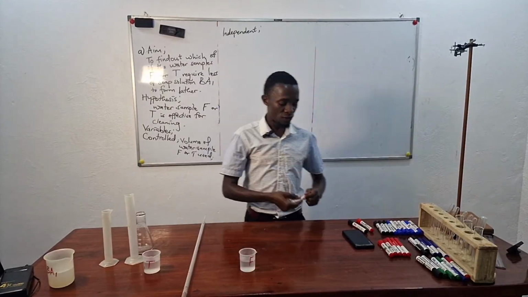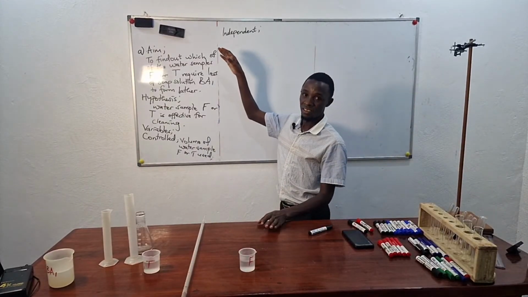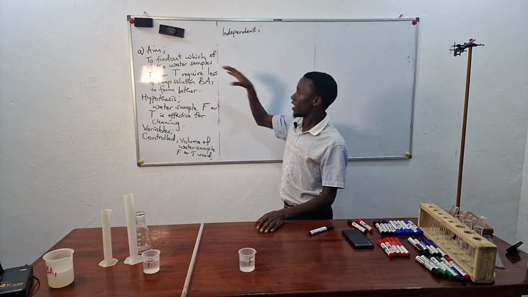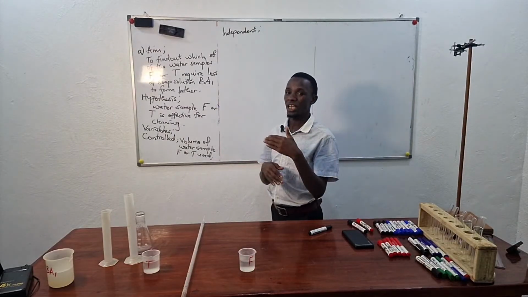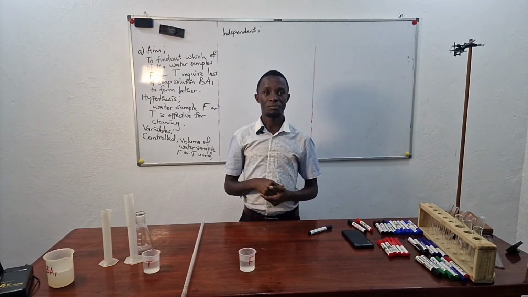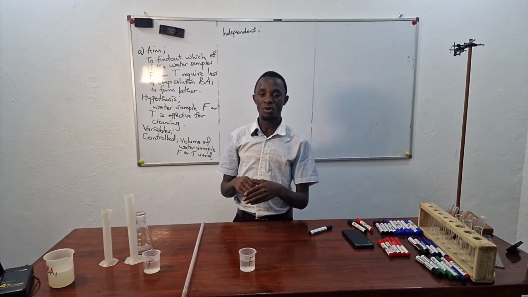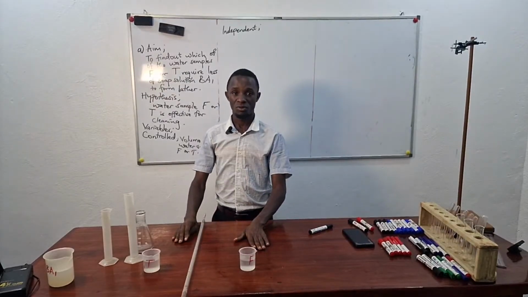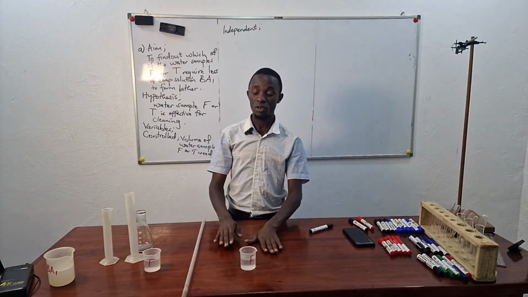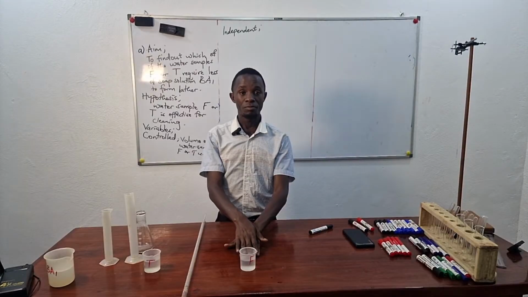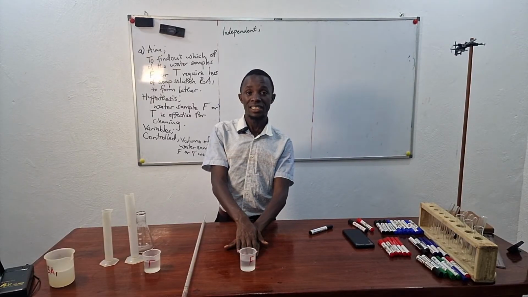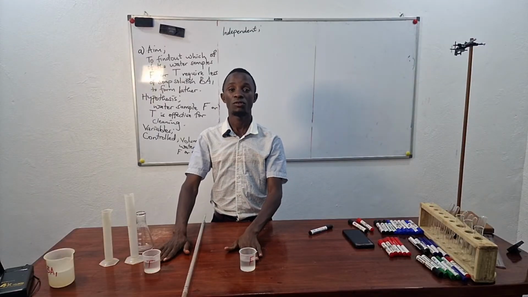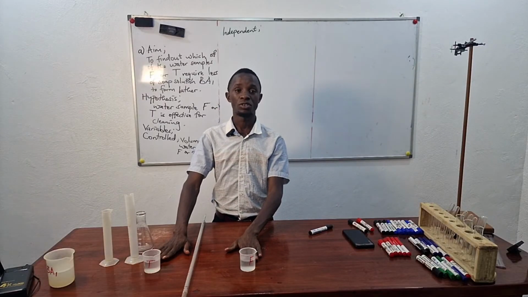Members, for these kinds of investigations where we are comparing two water samples, our independent variable will always be the type of water sample used, or alternatively the amount of ions in each of these water samples, or concentration of ions in the water samples.